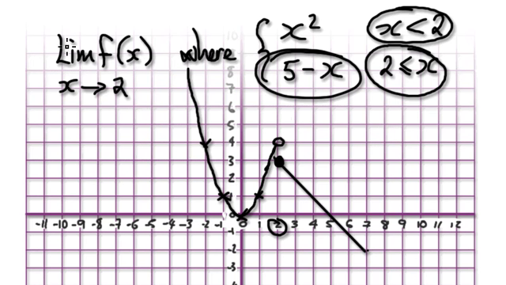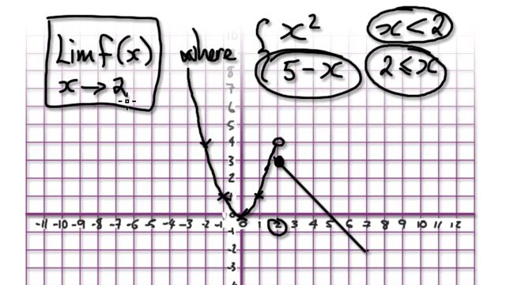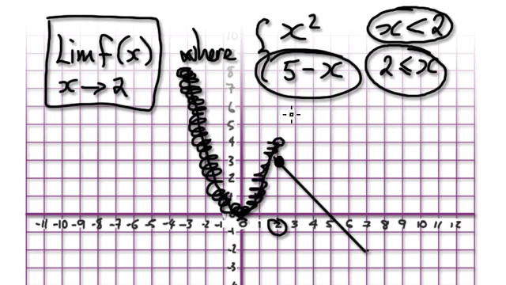Now, once you've drawn your diagram, then you can answer this question here. As x approaches 2, that means from the left-hand side here, as you approach 2 here, you actually head towards 4. Okay, so here you head towards 4, and then from the right-hand side here, you head towards 3.